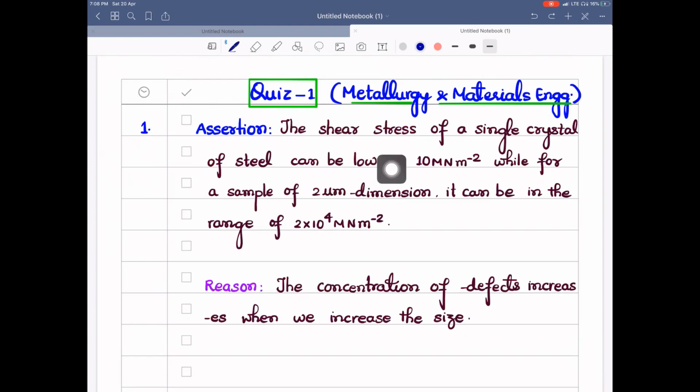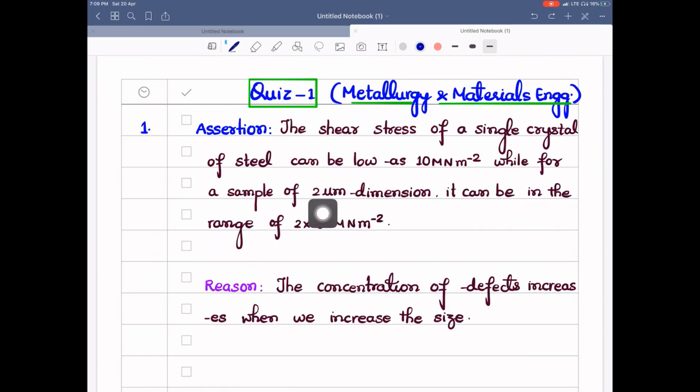So the 10 meganewton per meter square is the low value of shear stress, and you will get this when the single crystal is of very big size. If the size of the single crystal is big, more defects will be there and the strength will be low, as low as 10 meganewton per meter square.